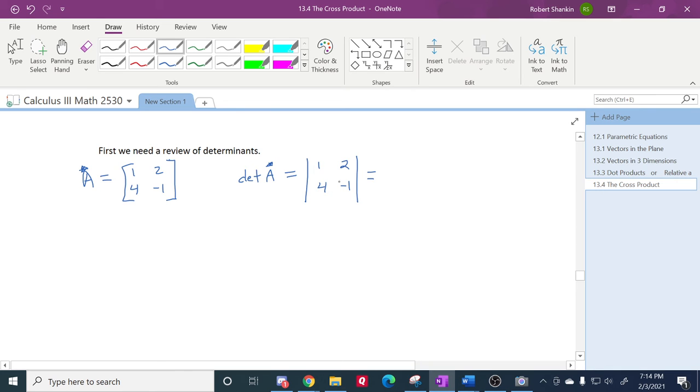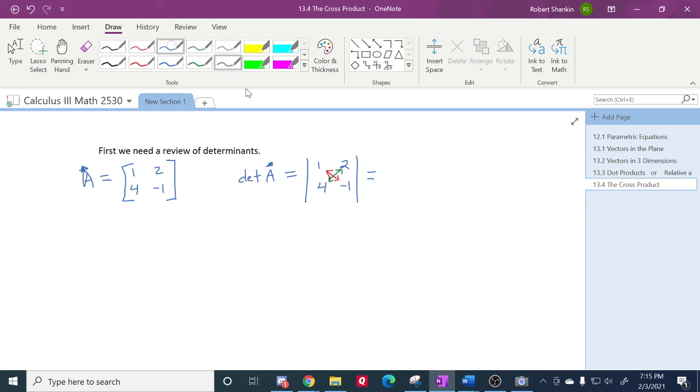And here, if I multiply these two together, so on a 2x2 matrix, it's this minus this product.